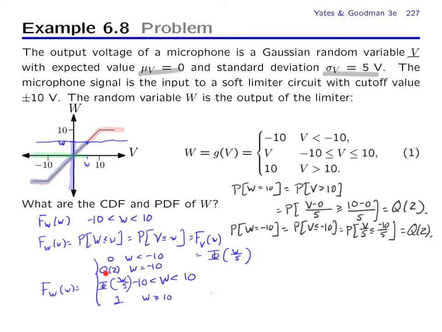But phi of minus 2 is the same thing as Q of 2. And so we can simply combine these two statements: this CDF is 0 for w less than minus 10, it's equal to phi of w over 5 for minus 10 less than or equal to w less than 10, and it's equal to 1 for w greater than or equal to 10. Now we found the CDF, which we were asked for here, but we still have to find the PDF, but we better use another slide because we've run out of room here.